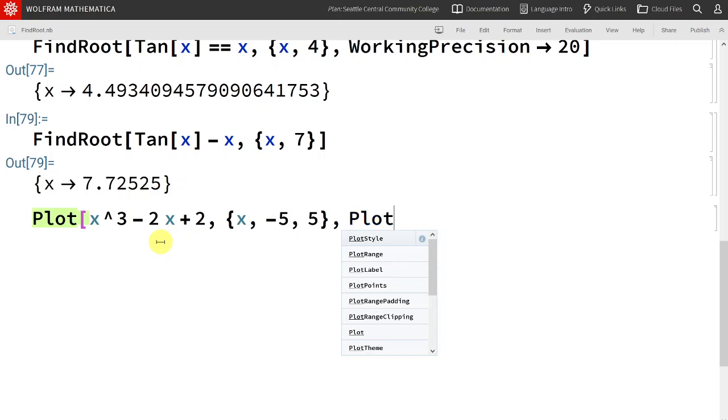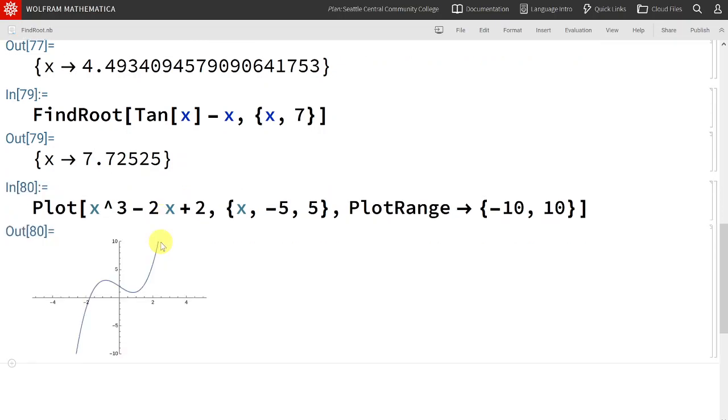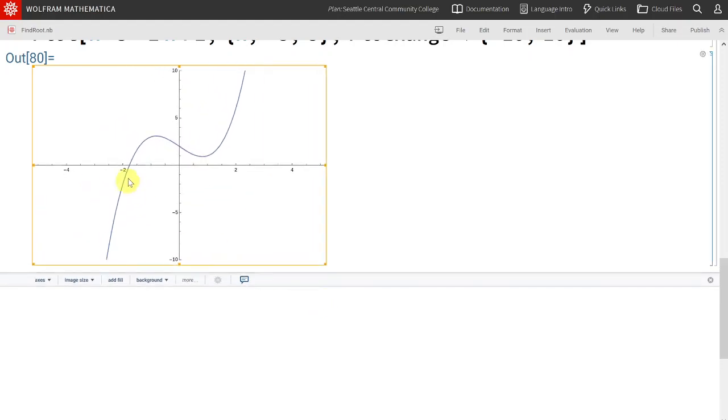I'll also pick a range of -10 to 10. Here we see a graph of our polynomial. There is only one real solution to this polynomial.